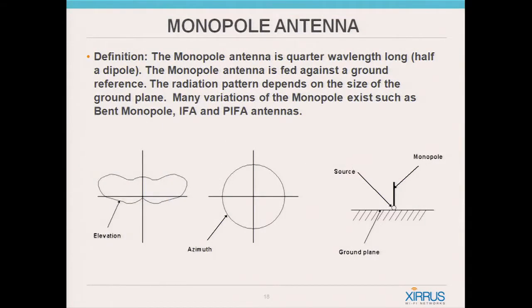We take that element and bend it a little bit. We call it a bent monopole, and sometimes it's not enough. We really need to make the antenna very low profile, so we bend it down very close to the ground plane. And that's what we call the inverted F antenna. You might hear the term IFA or PIFA.